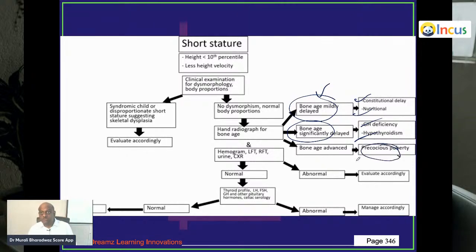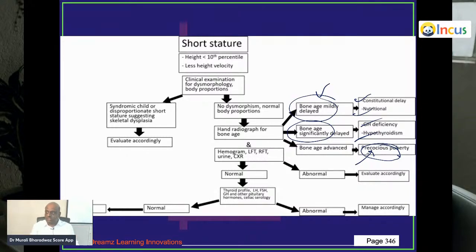But in precocious puberty, the bone age is much advanced. That means your radiograph ossification centers will appear telling that you may be possibly 21-year-old, but actually you are only 13-year-old. So that happens in precocious puberty, because in precocious puberty, your ovary and testes are maturing early.